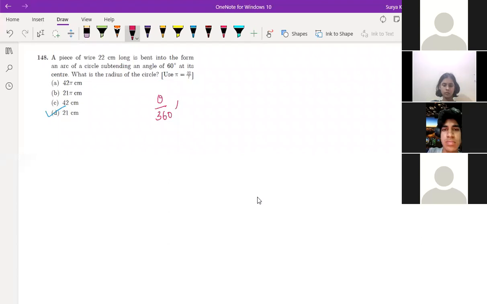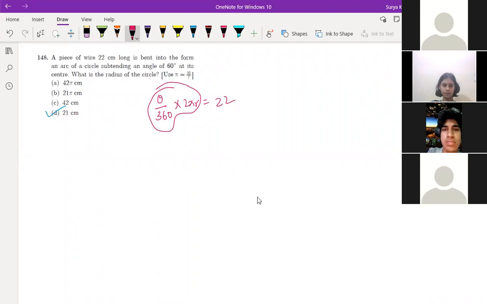Theta by 360 into 2 pi r is equal to 22. Like this you are saying. But this is the length of the arc, right? So it is a piece of wire. We need to find the radius of the circle, right? Achha, radius of the circle. Correct. So this is the arc only.